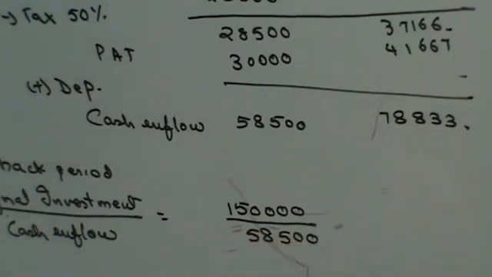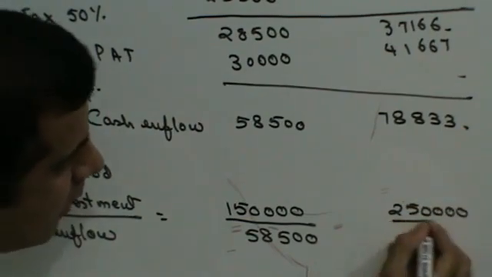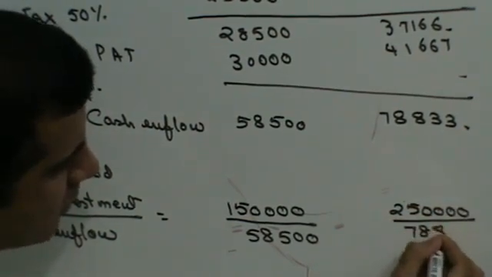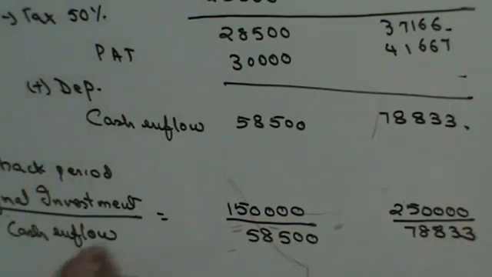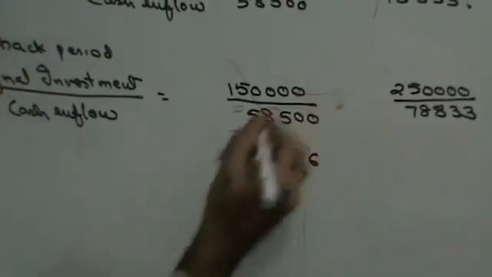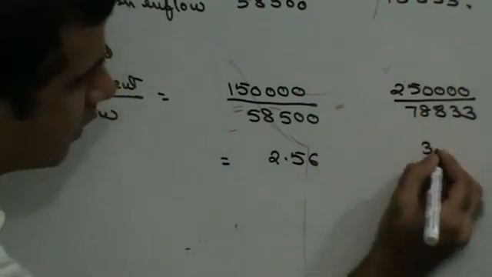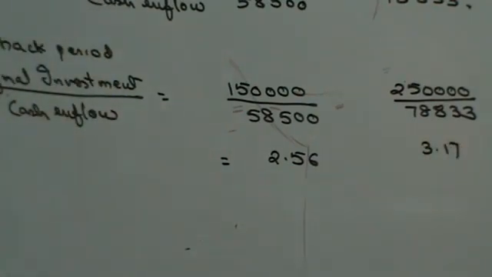In the case of Pygmy, your investment is 2,50,000 and your cash inflow is 78,833. That gives 2.56, and in the other case 3.17, right? That's your payback period.